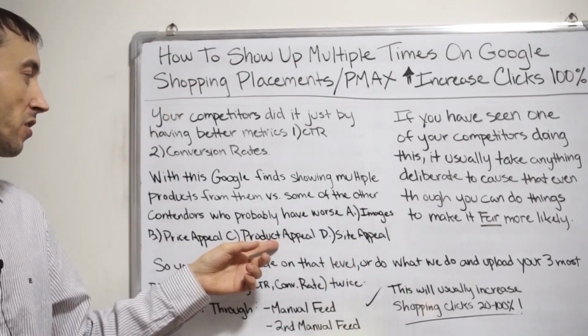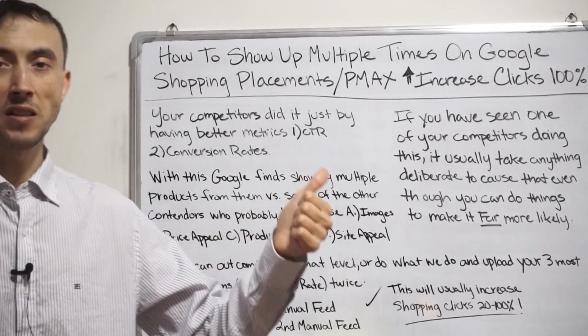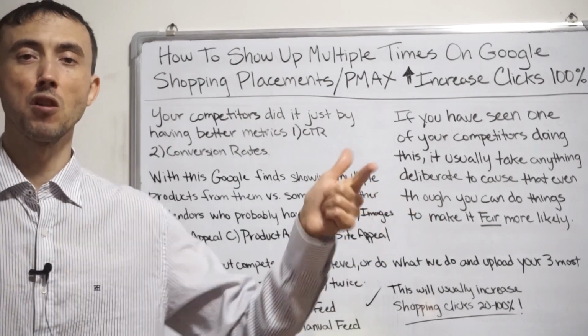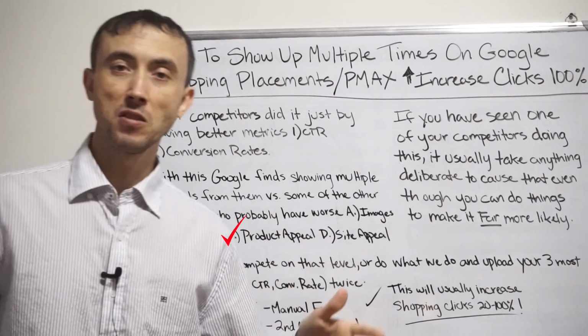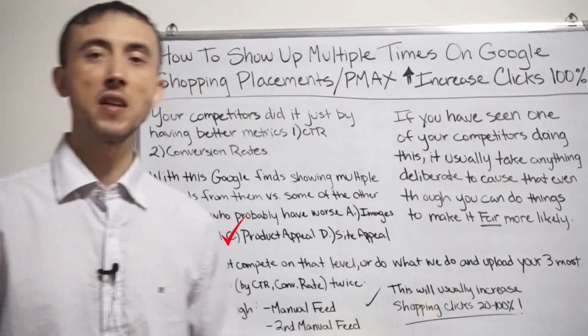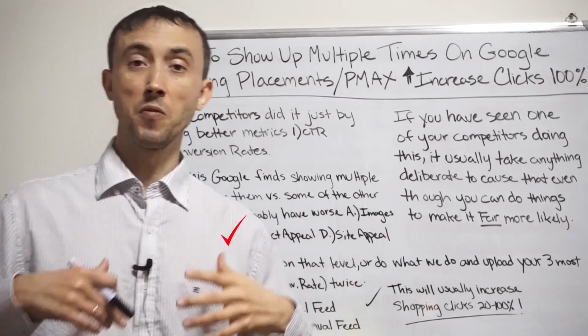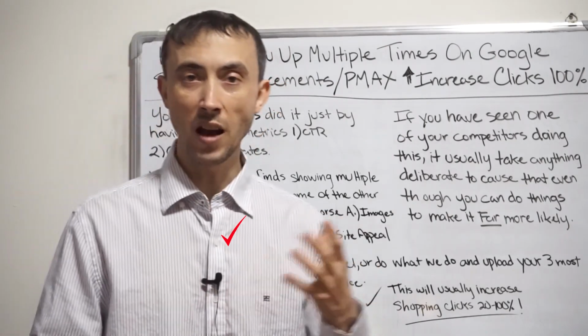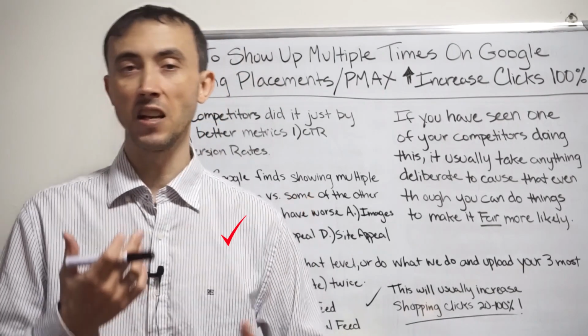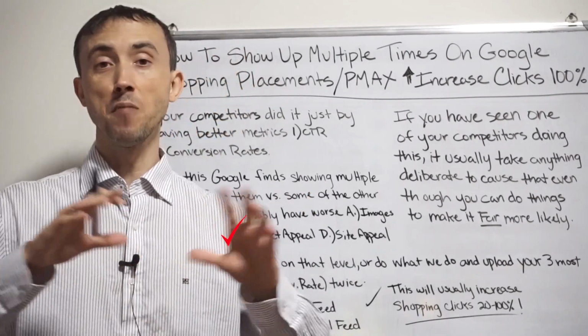The other factor that you would have to consider to get your click-through rates up and your conversion rates up so that you can show up more times is going to be the product appeal itself. Obviously, you can't really affect this too much, but based upon your product and the photography that you have of that product, and also the post-processing of the photography, brightening it, sharpening it, adding markup around it.